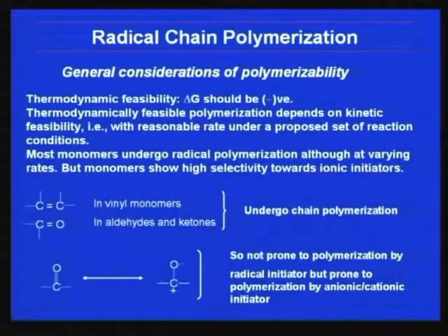Now, in case of condensation polymerization, you have seen that the minimum requirement for the reactant molecules to be polymerized is bifunctionality. The reactant should be bifunctional, at least. In case of radical chain polymerization, the monomers which undergo addition chain polymerization do not contain such types of functional groups. What are those things?